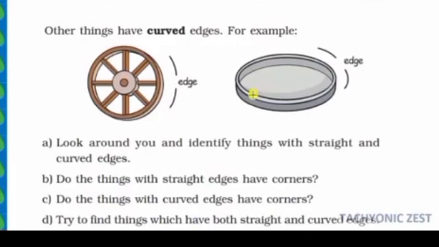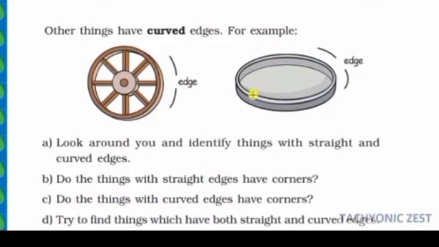Then question number D. Try to find things which have both straight and curved edges. We have already done in the first question A. A pencil and a hockey stick also have straight and curved edges. You can find some more examples.